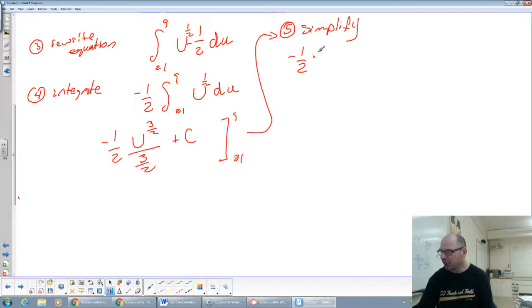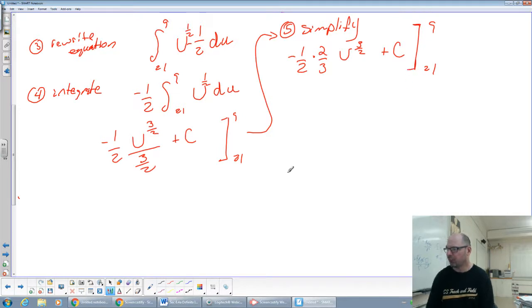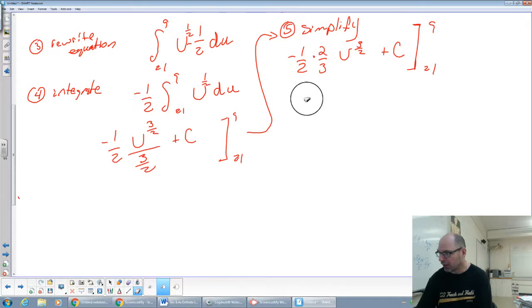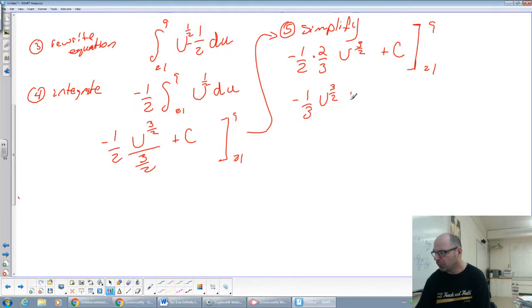So negative 1/2 times 2 over 3 u to the 3 over 2 power, plus c. Sometimes you'll see it written like that as well, but I put a little square bracket in there. This would be negative 2 over 6, which we can reduce to 1/3, because the 2's cancel out. Negative 1/3 u to the 3 over 2, plus c.